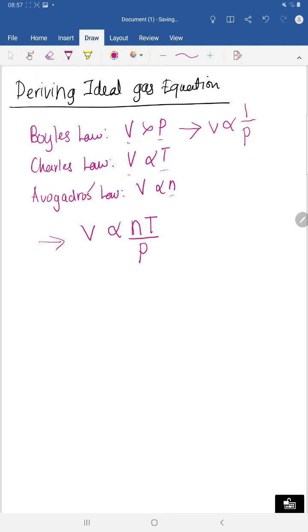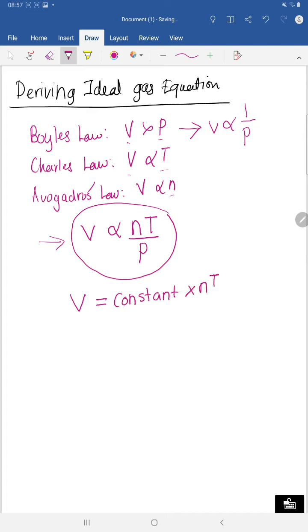Alright, if I want to convert this relationship into an equation, V equals a constant times number of mole and temperature over pressure.